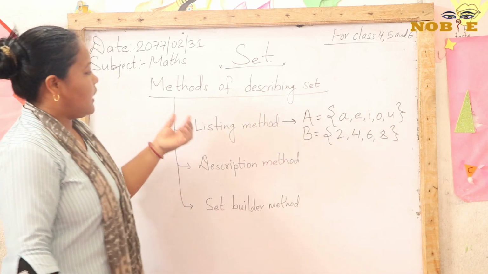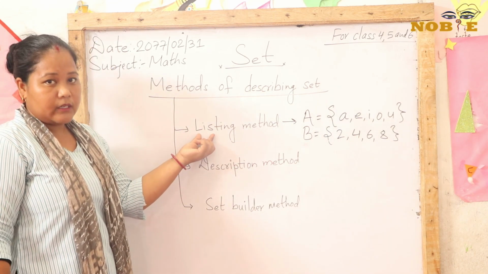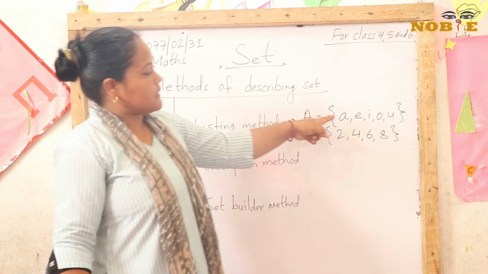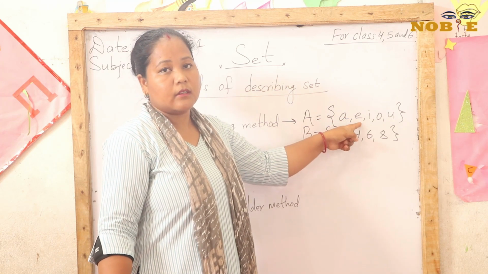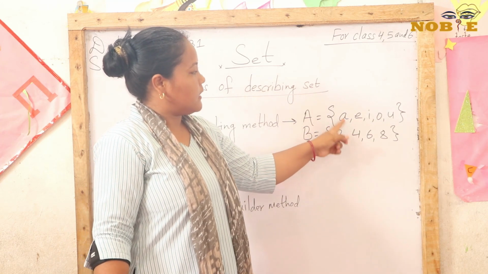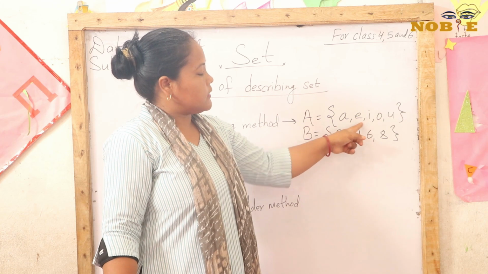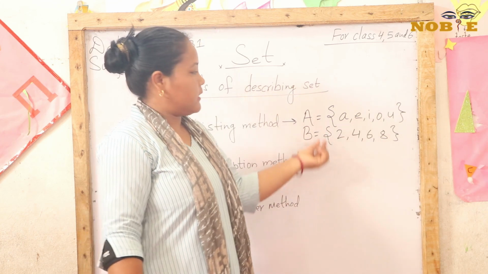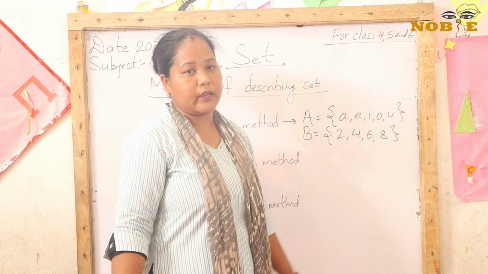Again, in the listing method we list out the elements of the set, separate them by comma and enclose them by curly brackets.